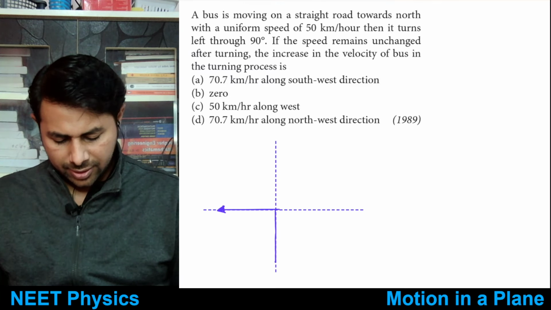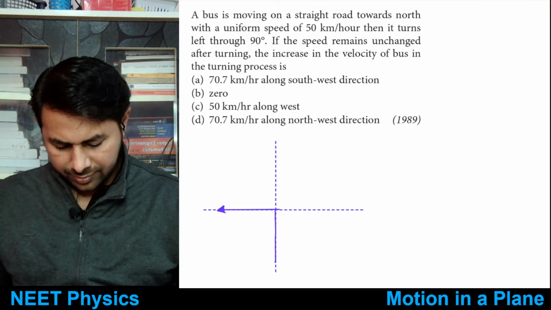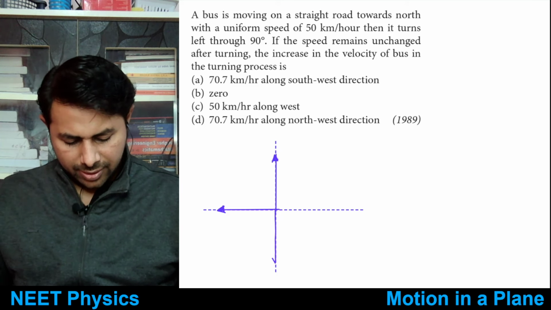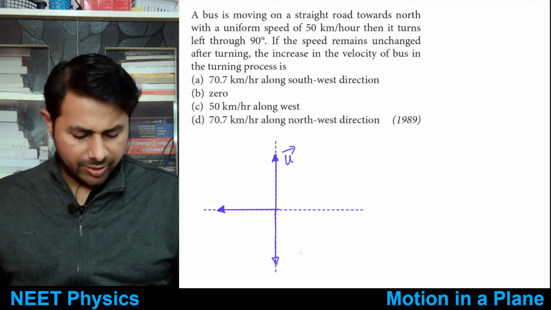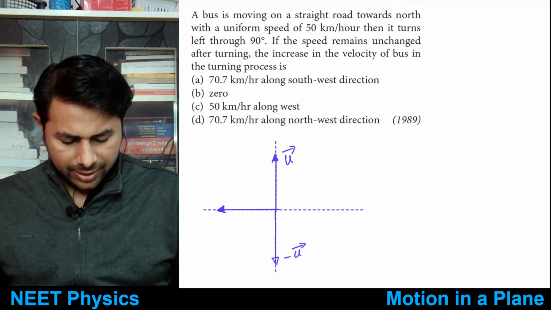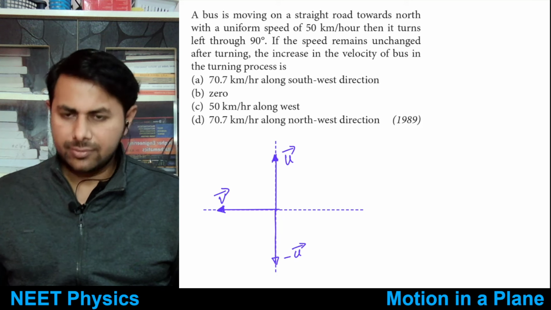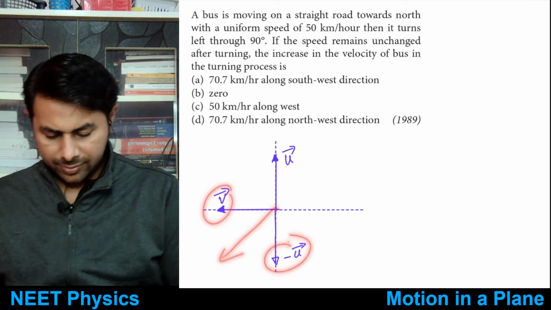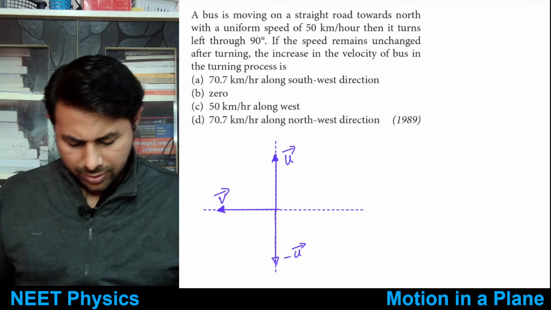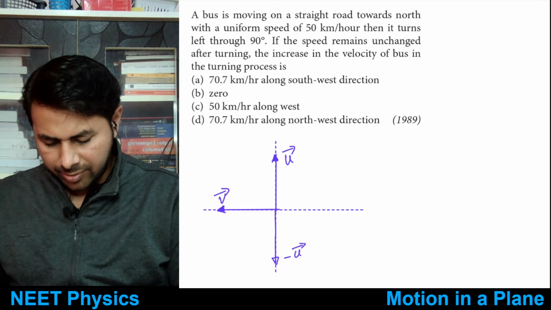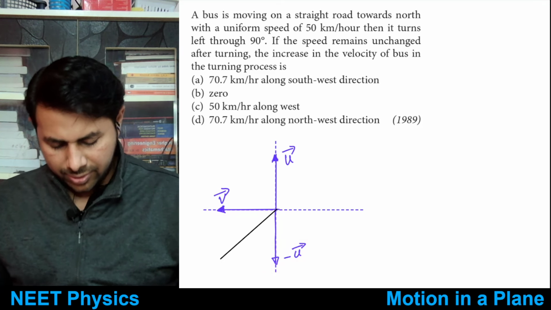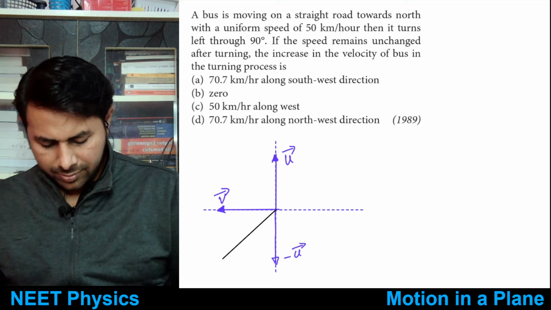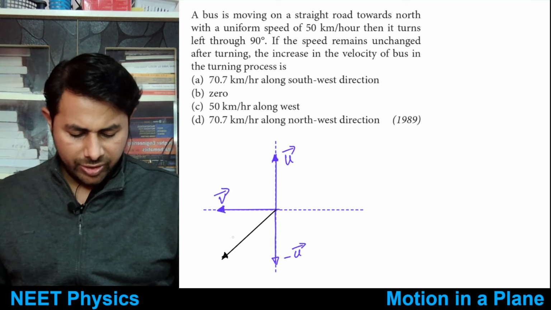Final minus initial, or let's take initial in this direction. The magnitude remains the same. So this is initial, means this is u bar, so this is minus u bar and this is v bar. What will be the direction of v bar minus u bar? It will be directed like this. If they ask us about the direction, then we'll need to draw a diagram. So this is v bar minus u bar.